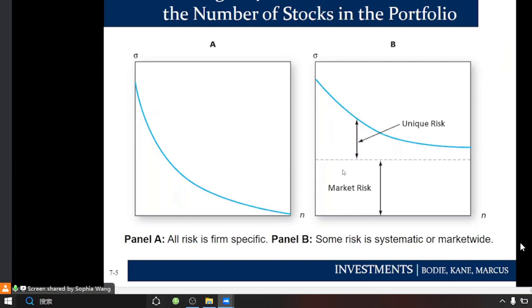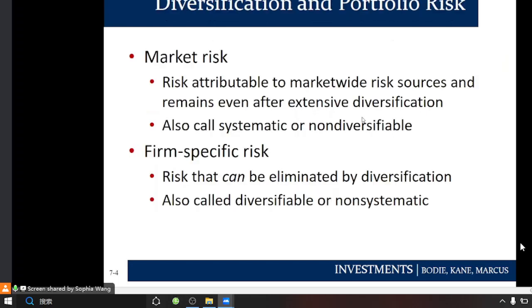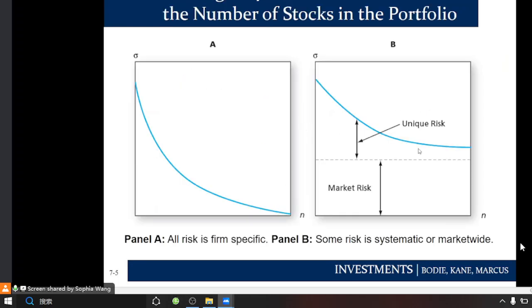In this case, the market risk cannot be divided. We cannot decrease the market risk because it stays at a very stable level. So you can increase the number of stocks, but you can only decrease the second kind of risk, firm-specific risk, not the market risk.